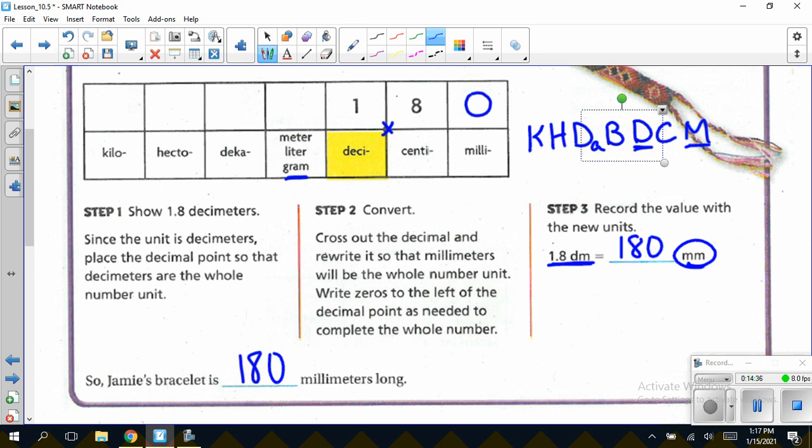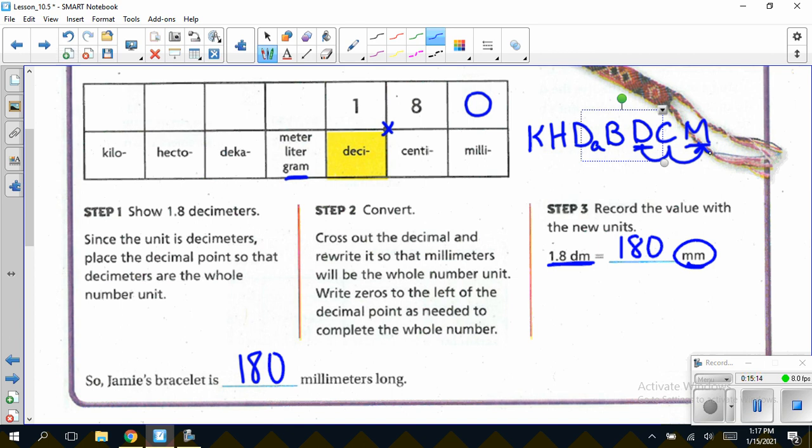So because I am moving from a decimeter to a millimeter, I know that I am going to be essentially going from a big unit of measure to a small unit of measure. So I'm technically multiplying, and I'm going to figure out what I would be multiplying by showing those swoops. So it takes me 2 swoops to go from a decimeter to a millimeter. So I'm essentially multiplying by 100. Now I don't need to show that I'm multiplying by 100 because I know that when I multiply by 100, I just have to move that decimal point 2 places to the right to get my final answer.